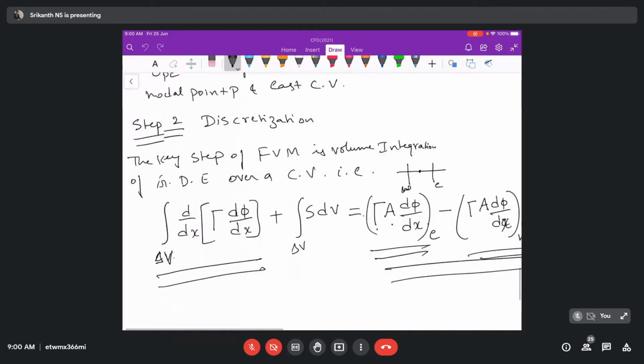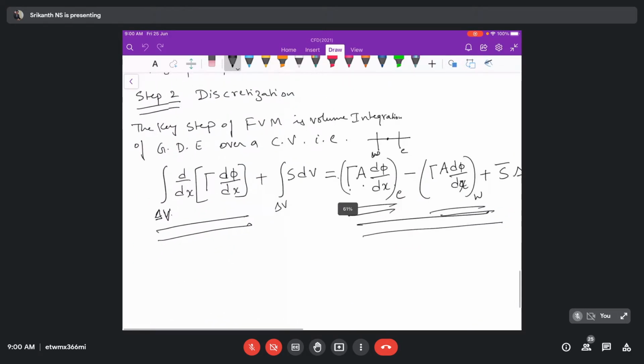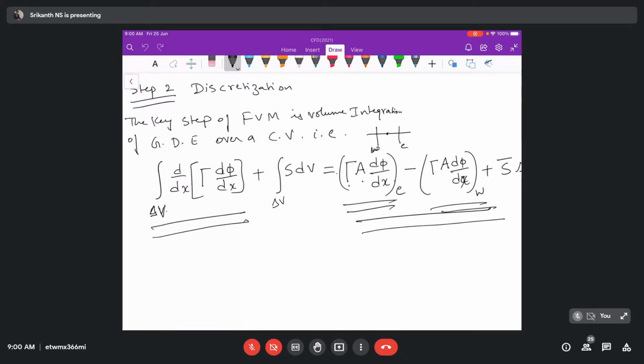Second step is what is called discretization. Discretization means whatever the equation that you are solving, we have to do volume integration. Please understand. In control volume, across the control volume, we do what is called volume integration. So when we do volume integration, suppose we have taken this diffusion equation d by dx of gamma into d phi by dx plus volume integral of S dV.